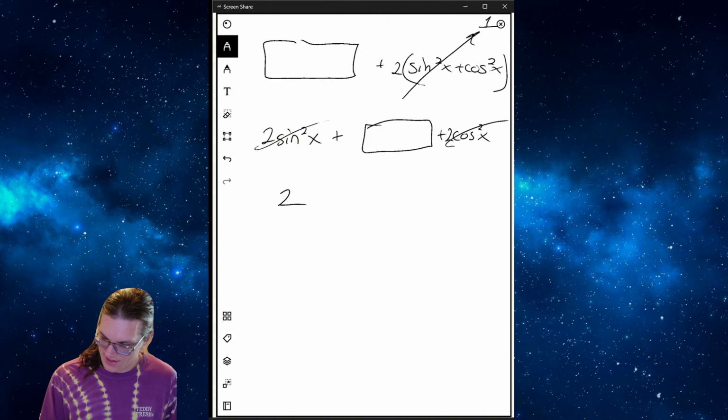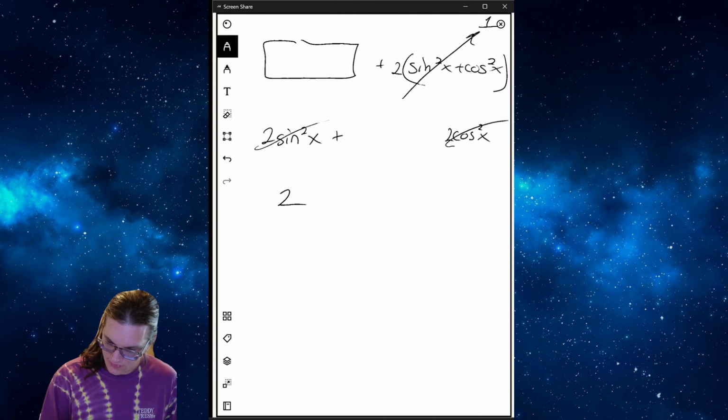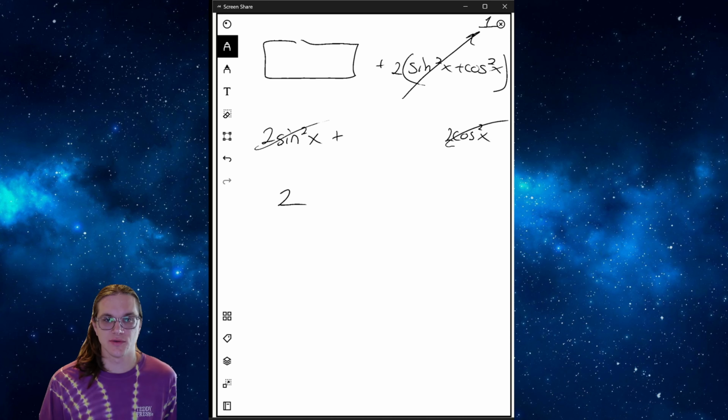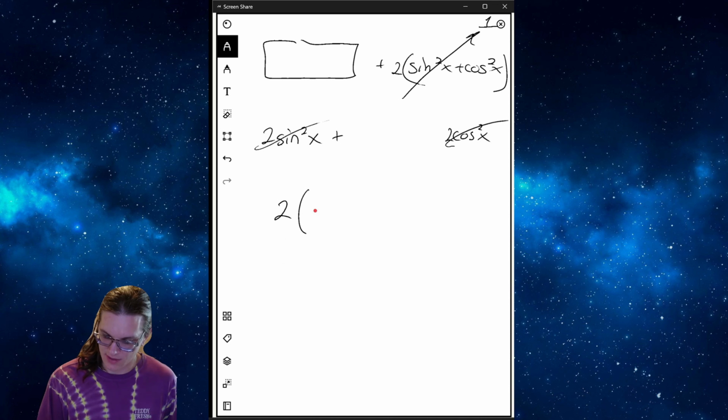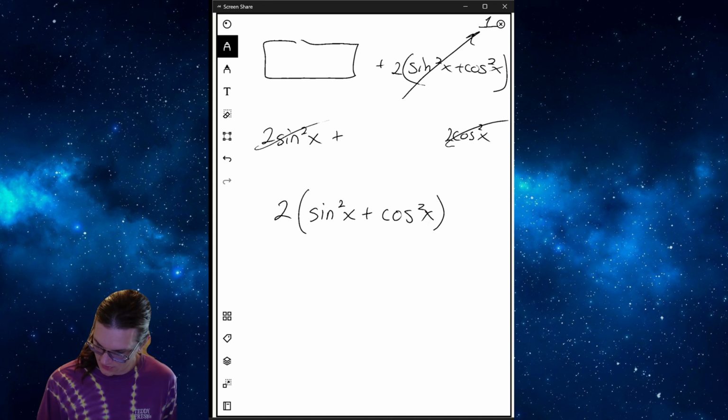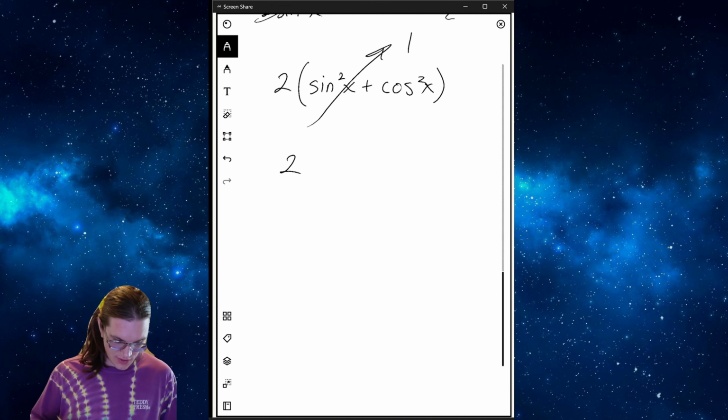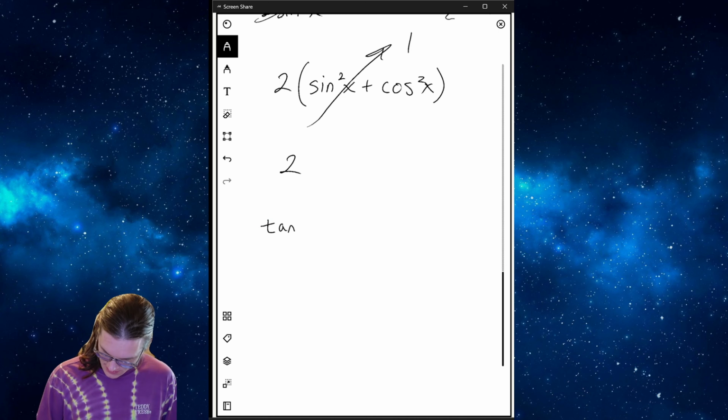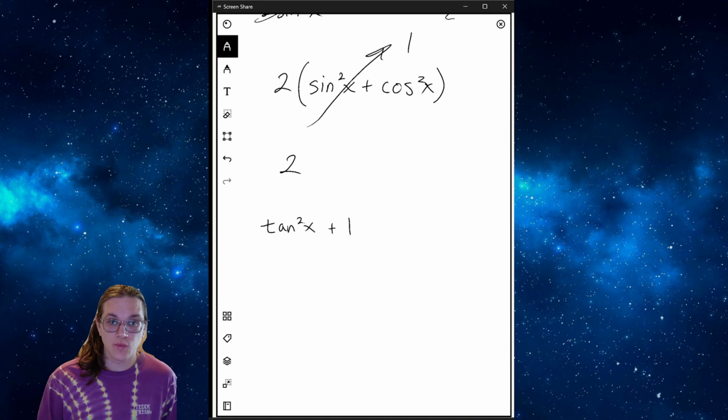Because when I am adding 2 sin² plus 2 cos², that is equal to 2 times the quantity sin² plus cos² of your variable, that's x currently, and this is 1, so that would be equal to 2. Another one of the Pythagorean identities is that tangent² plus 1 gives you secant².